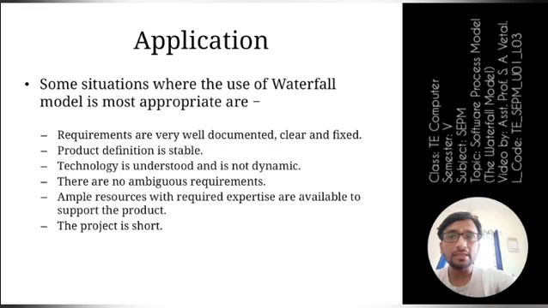Then the product definition is stable. Technology is well understood and not dynamic, because in dynamic technology the requirements keep changing, right? But in the waterfall model we cannot change our requirements or update the previous stages, so the technology should be well understood and not dynamic.